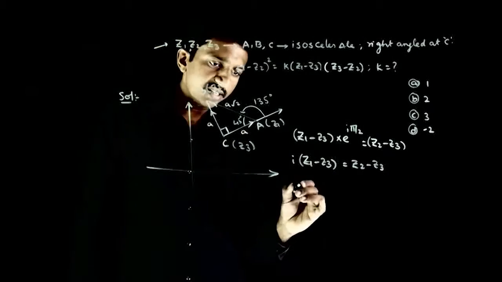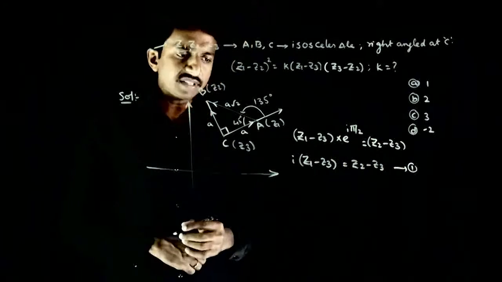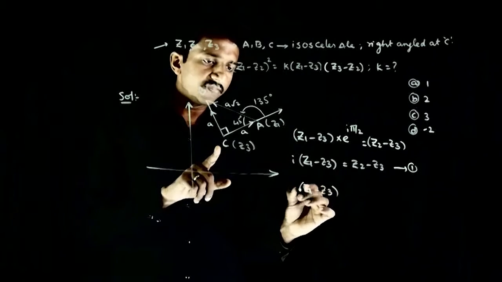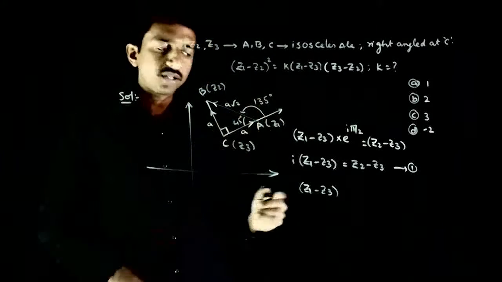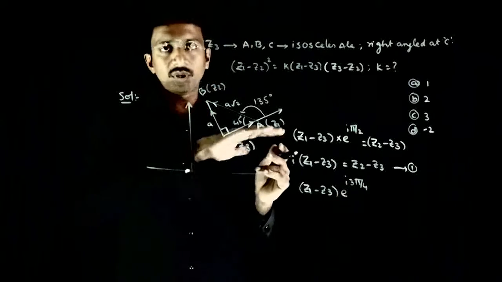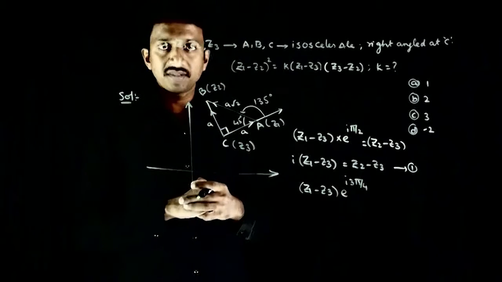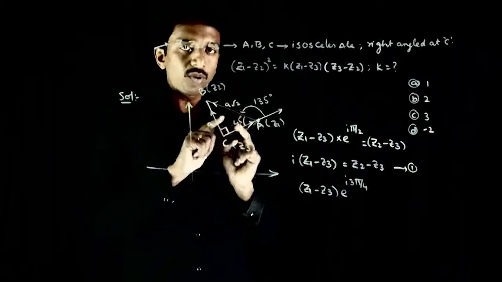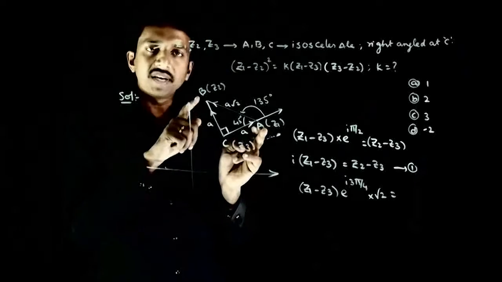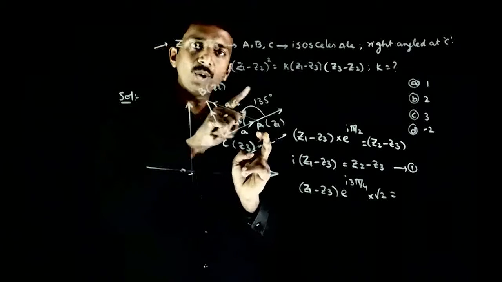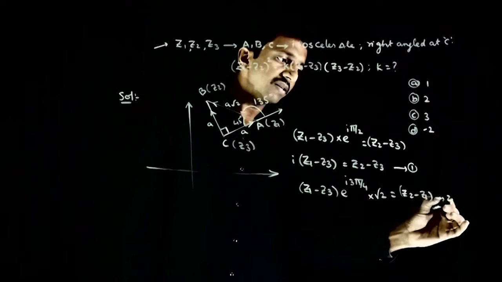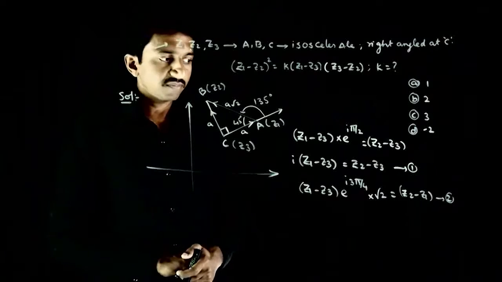CA is nothing but Z1 minus Z3; rotating it by 135 degrees is e power i 3 pi by 4, and multiplying by √2, stretching it by √2, gives me the vector AB, that is Z2 minus Z1. So this is my second equation.